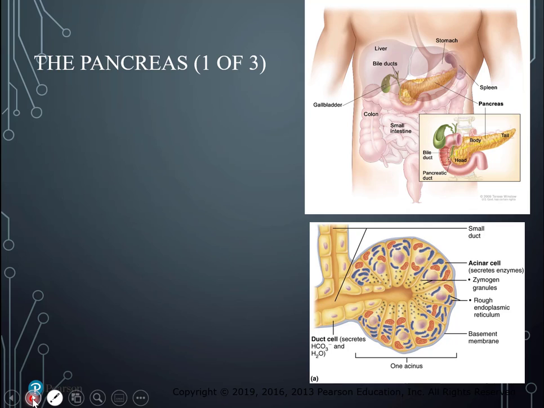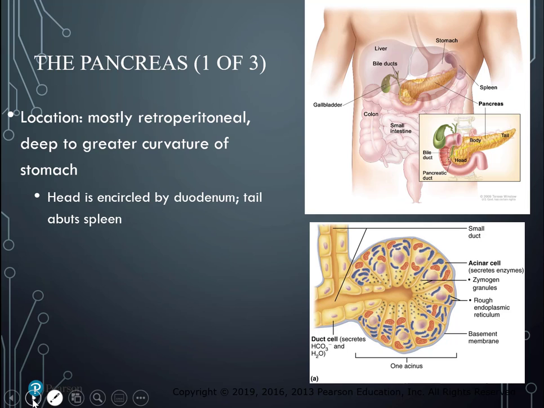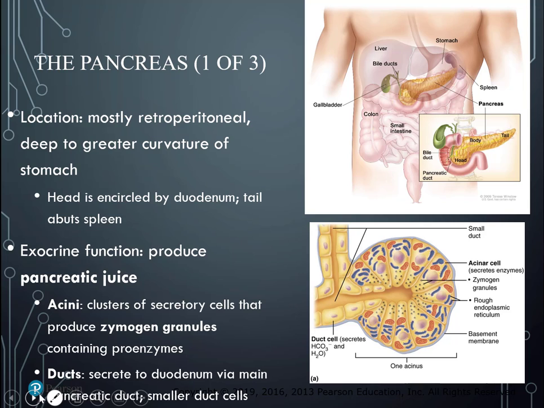The pancreas is another very important, matter of fact, one of the most important digestive accessory organs. It is retroperitoneal, deep into the greater curvature of the stomach, and the head is encircled by the duodenum, and the tail abuts the spleen.